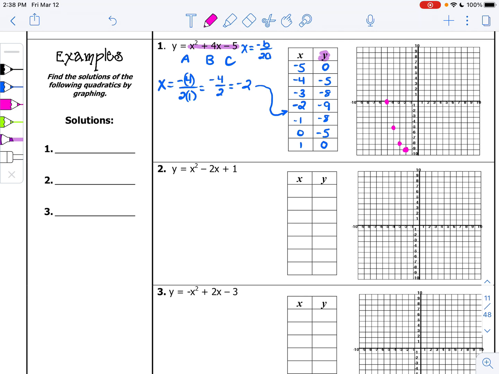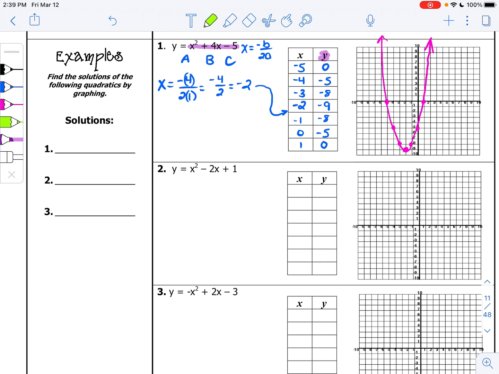So working below my axis of symmetry or my vertex, negative 1, negative 8, 0, negative 5, and 1, 0. And then we'll connect them to see the entire graph. And then we're going to identify our solutions or our roots.